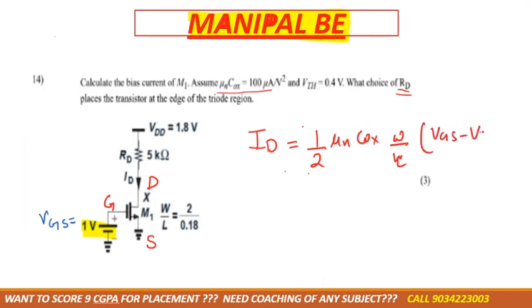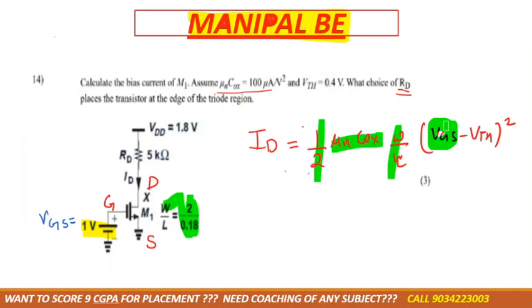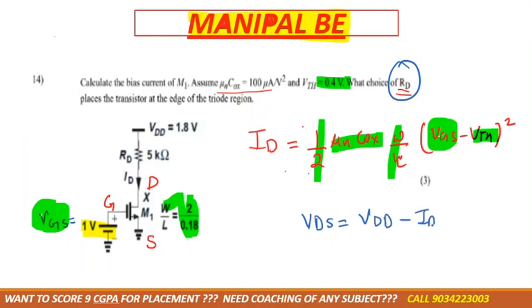(VGS minus VTH) whole square. So half we know, mu n COX we know, W by L they have given, VGS is 1 volt, VTH is given as 0.4. Now they are asking for RD. For RD the formula is VDS is equal to VDD minus ID into RD, right?